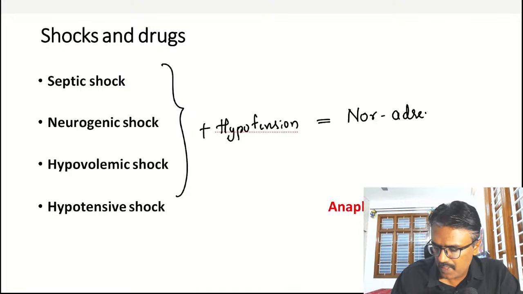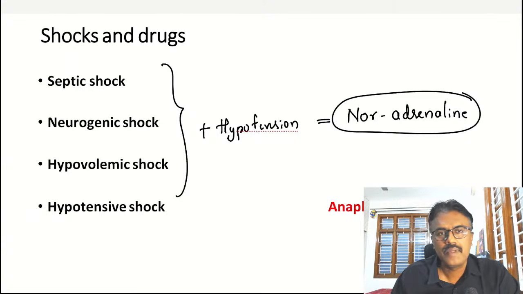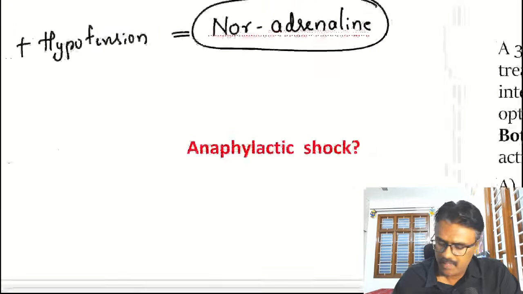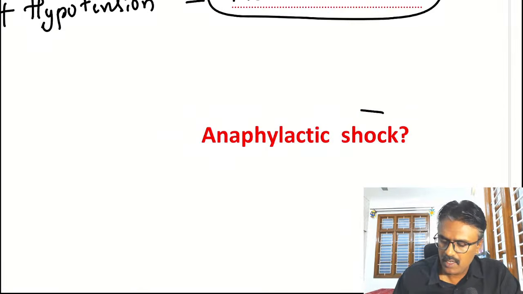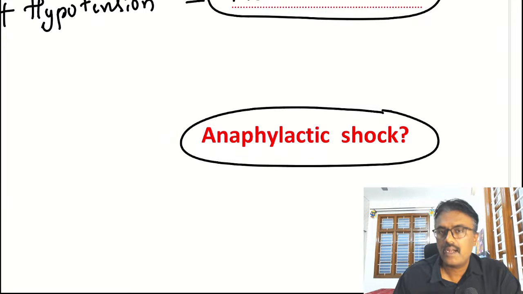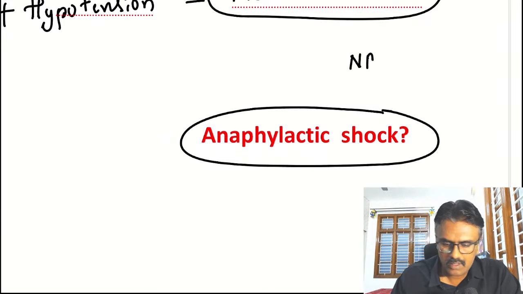For any shock with low blood pressure, the drug of choice is noradrenaline. Septic shock, we give antibiotics. Neurogenic shock with low BP, noradrenaline. Hypovolemic shock, we give fluids, and if there is low BP, noradrenaline. Hypertensive shock also we give it. But the question is, will noradrenaline work in anaphylactic shock? You have to tell me whether noradrenaline works or not.